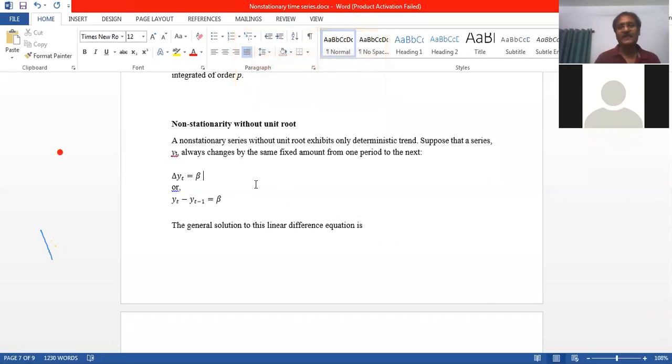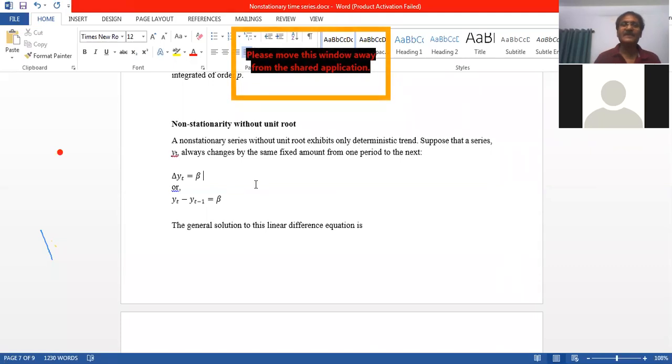If a series contains three unit roots, you need to take the third difference. In the case of a series with d unit roots, as we have generalized in the case of AR(p), you need to take the dth order difference to make the series stationary.